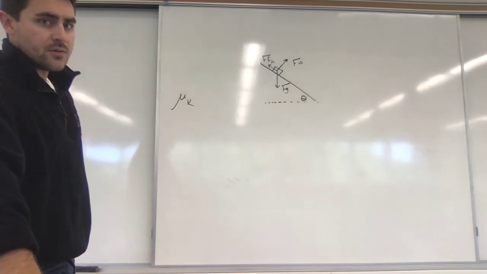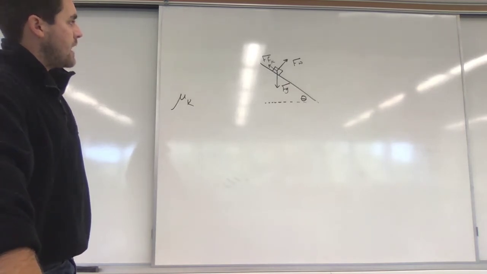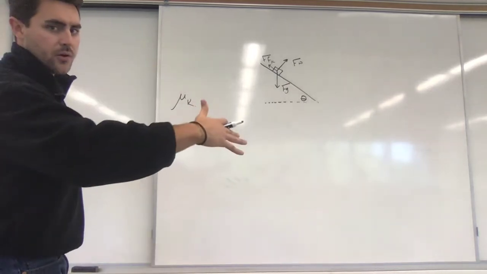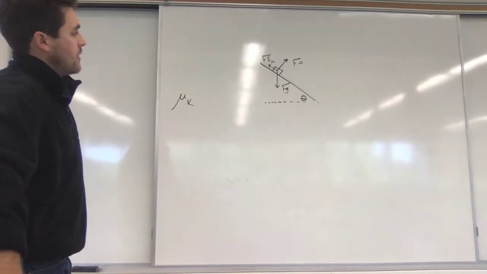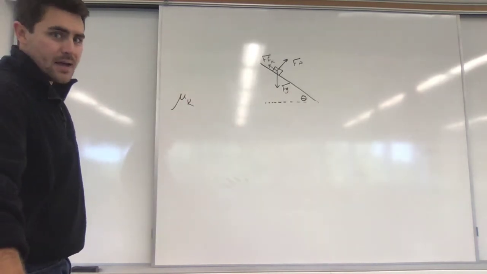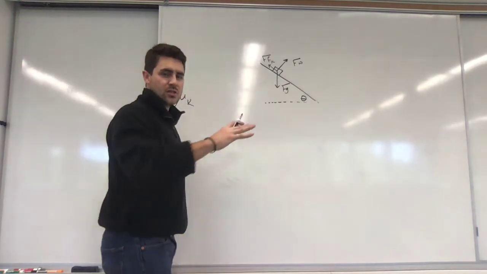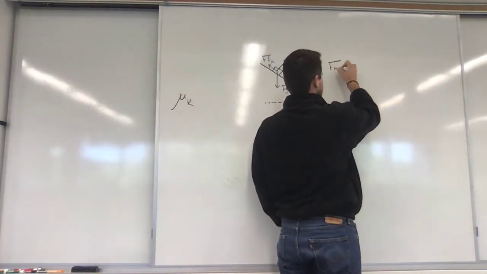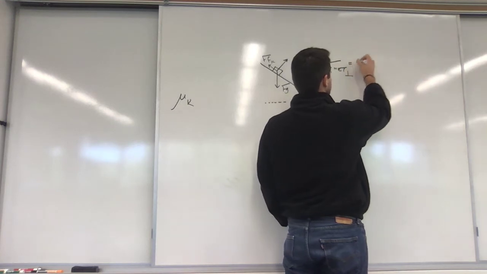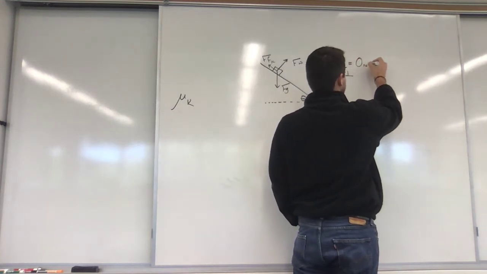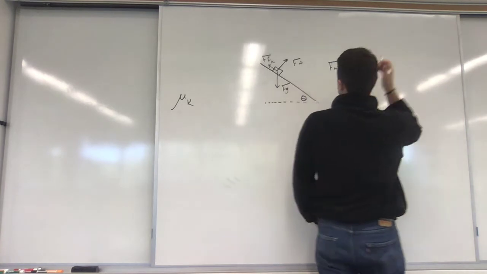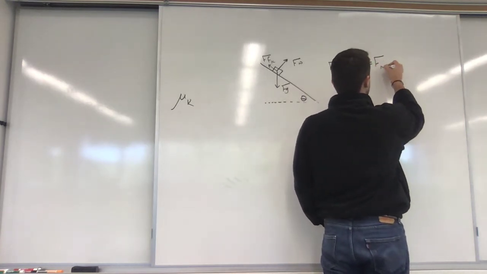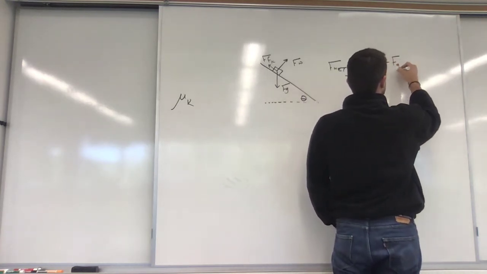Let's start doing some things that we would normally do. Let's write out an F net expression parallel to the ramp and perpendicular to the ramp to just see what we have here. I'm not sure what's going to happen, but I always do this just to organize thoughts. In the perpendicular direction there's no acceleration, so F net perpendicular is 0 newtons, which would be F normal minus Fg perpendicular.